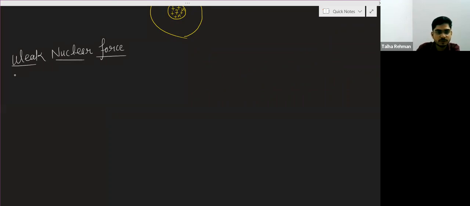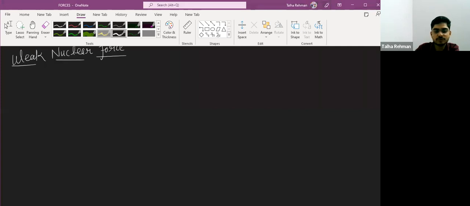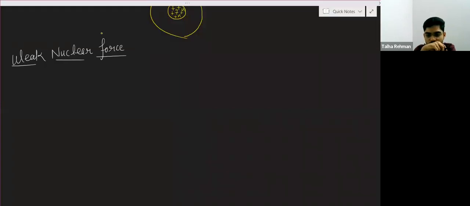Weak nuclear force is the force between the elementary particles, and there are certain processes that take place due to this weak nuclear force. For example, radioactive decay. Radioactive decay is due to the weak nuclear force.